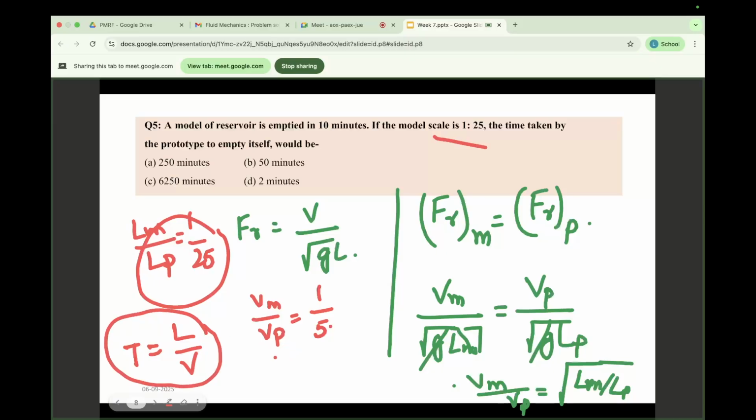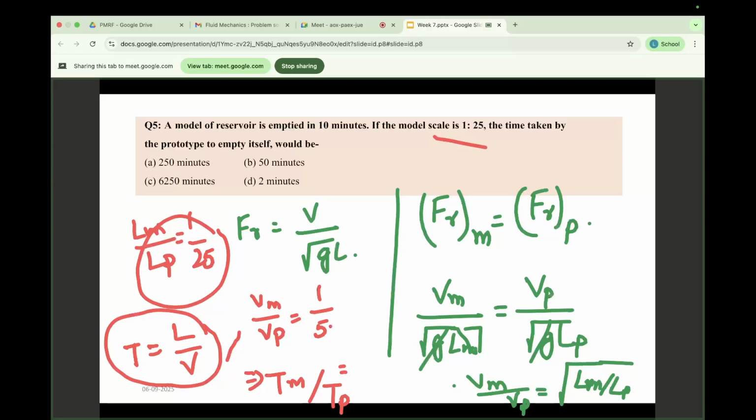I do have the velocity ratio, and Lm by Lp is given. So you need to find Tm by Tp accordingly.